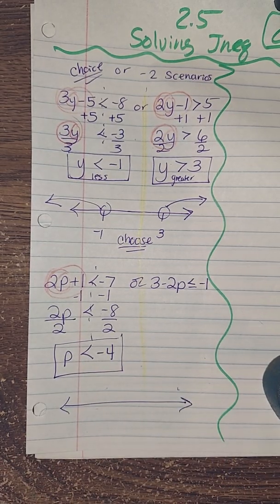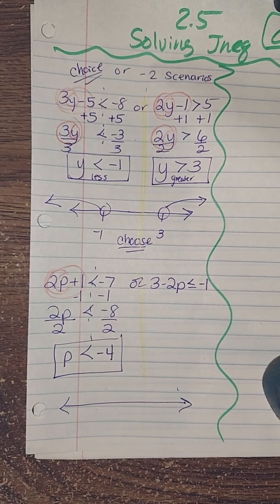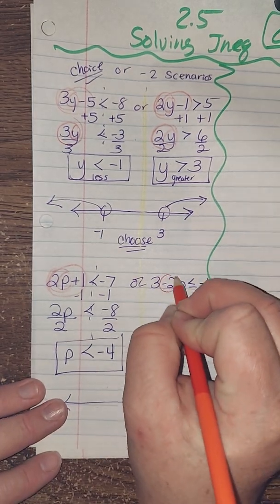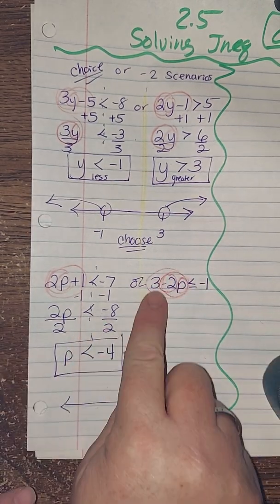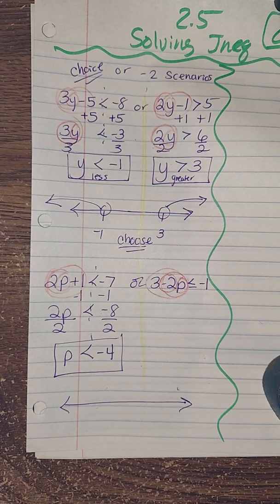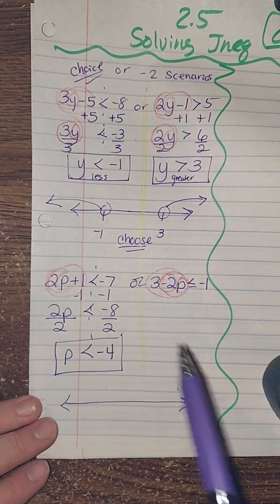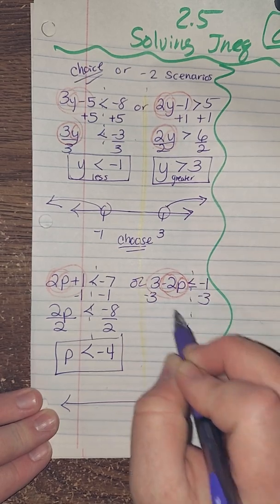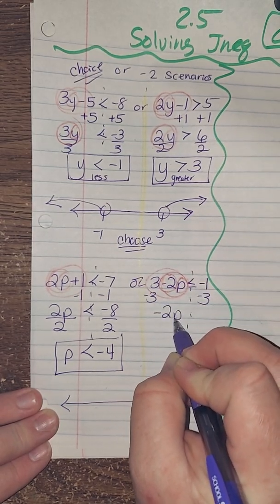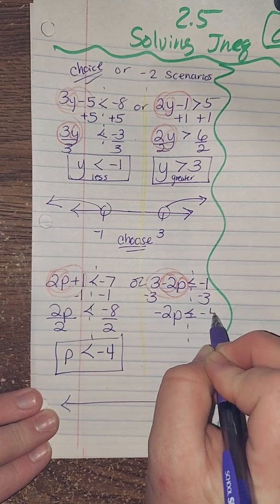All right. Now I'm going to go do this one. Got a negative involved there. Interesting. What's that 3? Is that 3 positive or negative? Well, it's positive, so I would have to subtract 3. Negative 2p is less than or equal to negative 4.